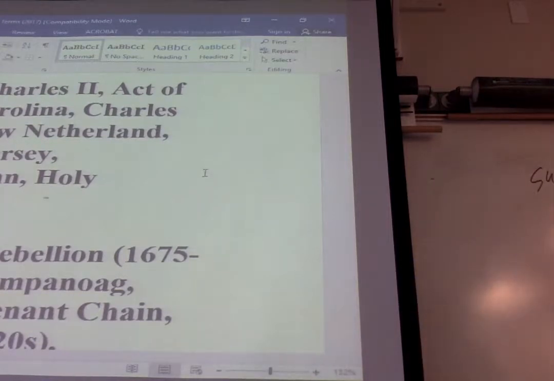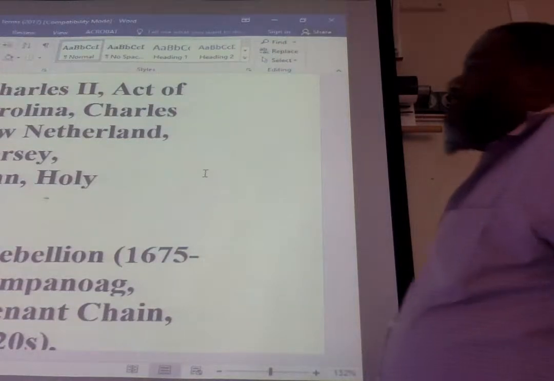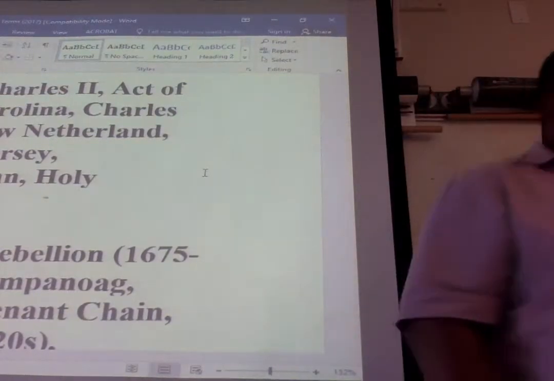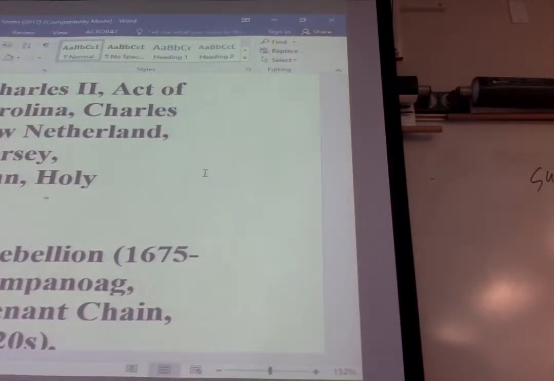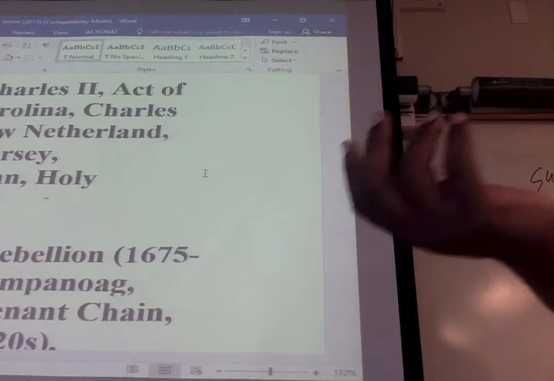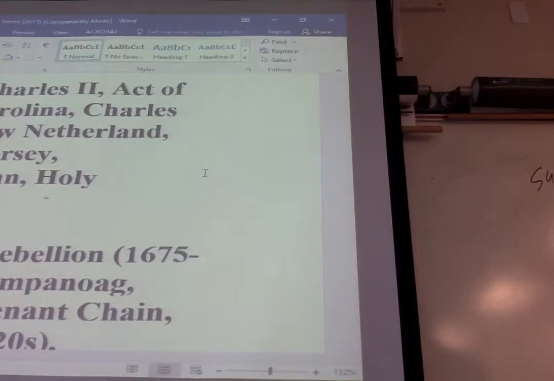So what does England try to do? Well, they will pass this Act of Trade and Navigation in 1651. Specifically, it was designed to exclude Dutch traders from being able to trade with the colonies. From England's perspective, they're like, look, you are British colonies. Why should you be trading with the Dutch? You exist to help the mother country.